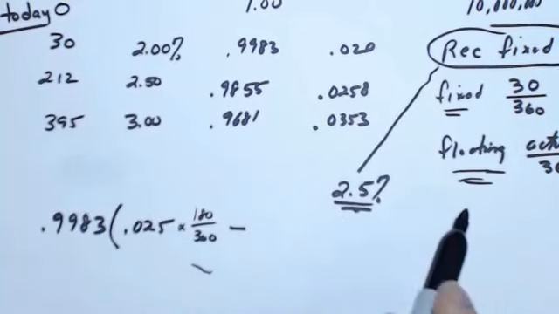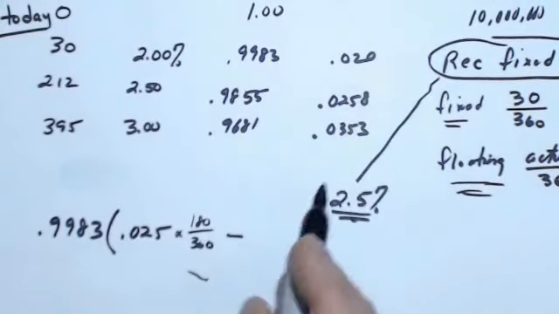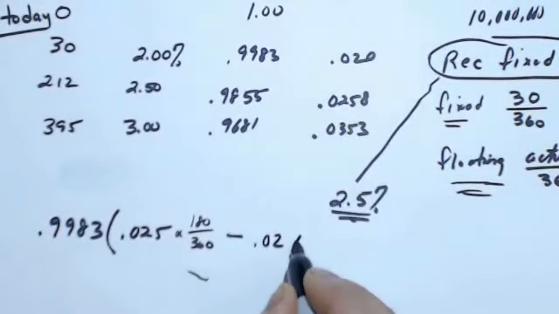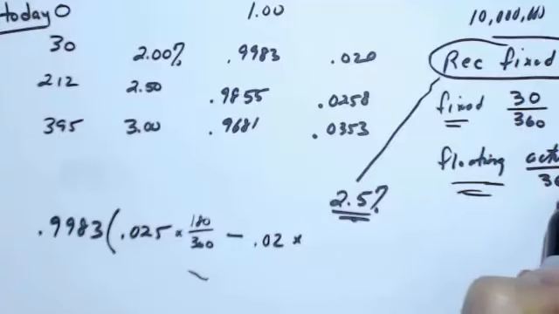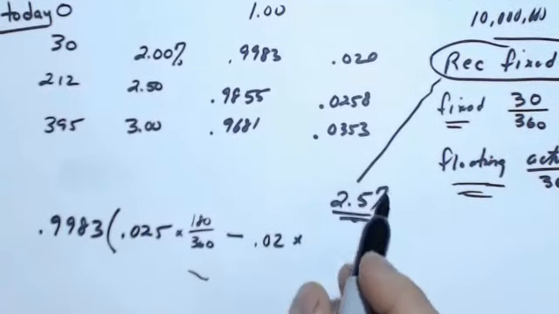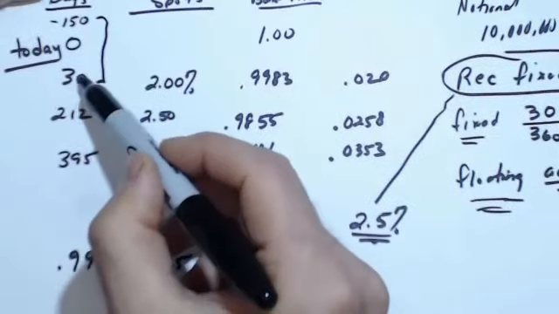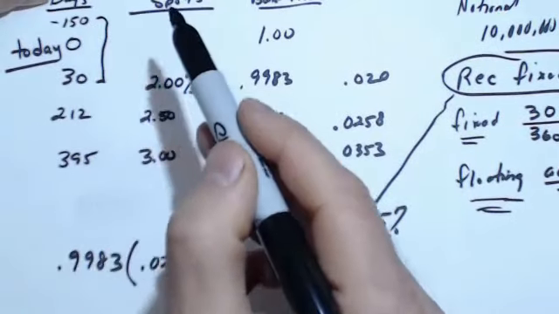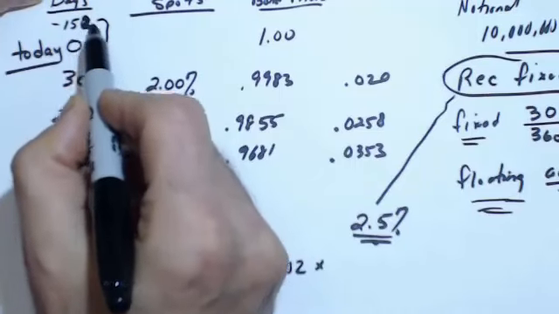Now what I'm going to pay is the floating, and that's at this point this forward rate, 0.02 times the actual number of days divided by 360. Now the actual number of days here is the sum of 30 and the 1/5. It should be 152.